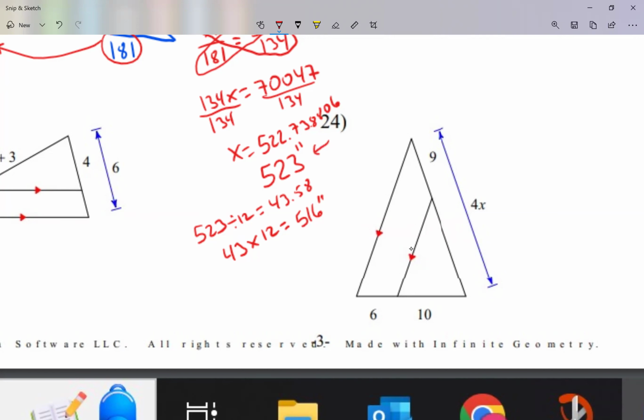But then I divided by 12 because I wanted to see how many feet were there. And it gave me 43 feet and a decimal. So that meant 43 feet and some inches. So in inches, how much is 43 feet? 43 times 12 is 516.